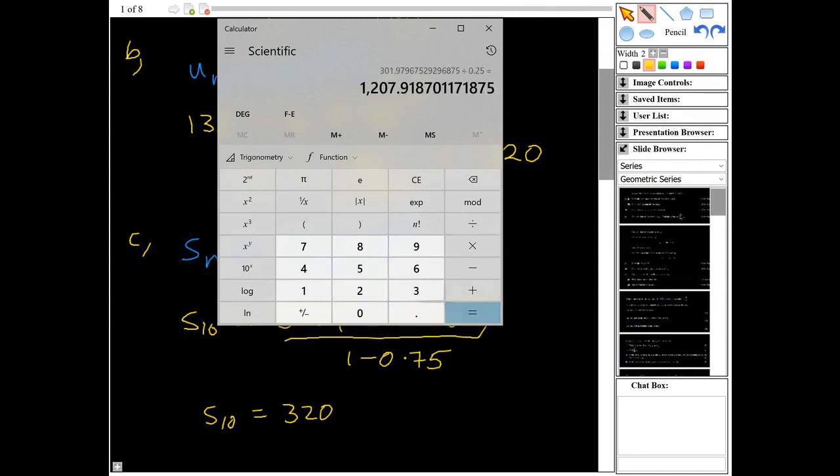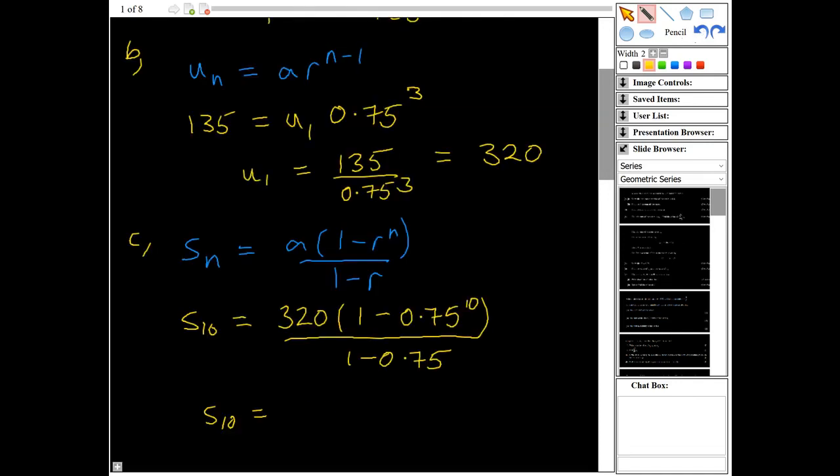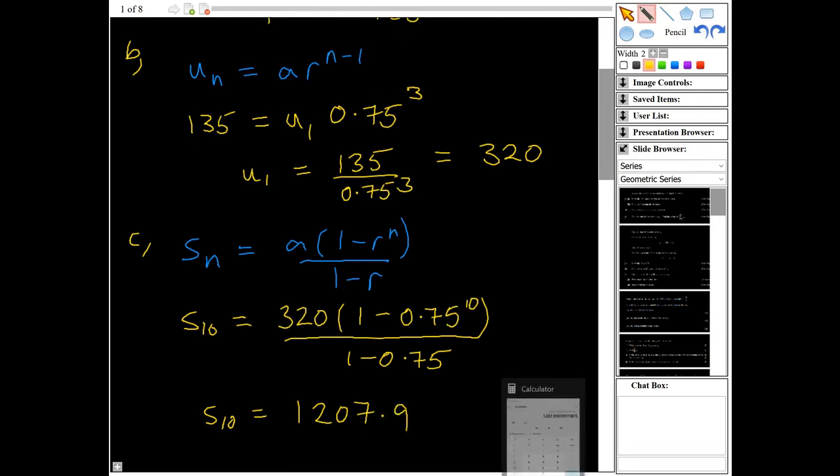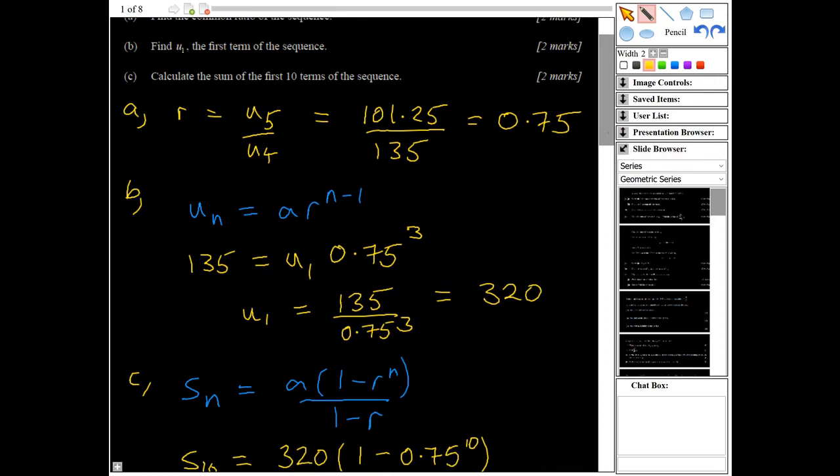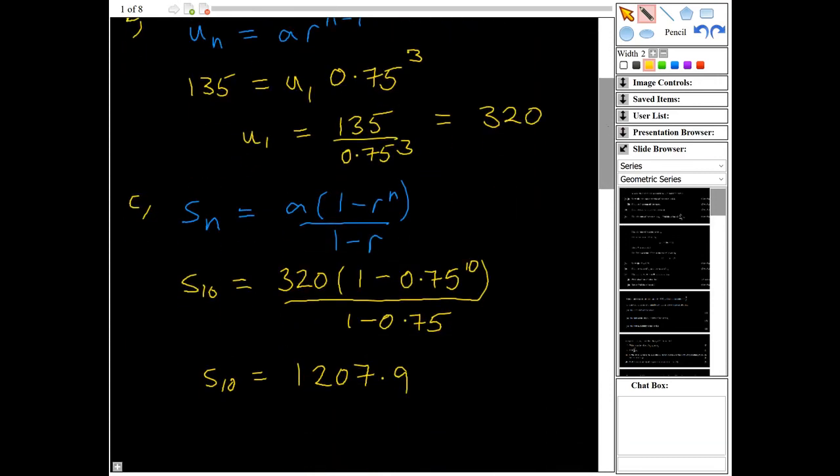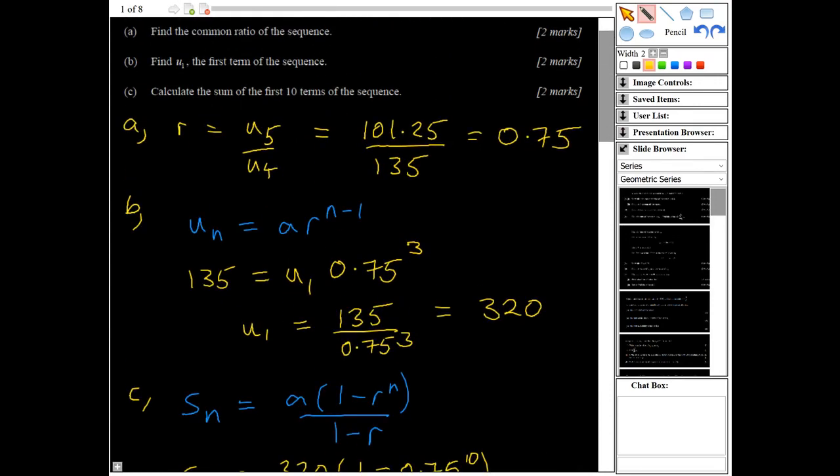So it's going to give me 1,207.9. Okay, so there is my sum for the first 10 terms. So I should just leave it like that, I suspect. And there I should have my 6 marks.